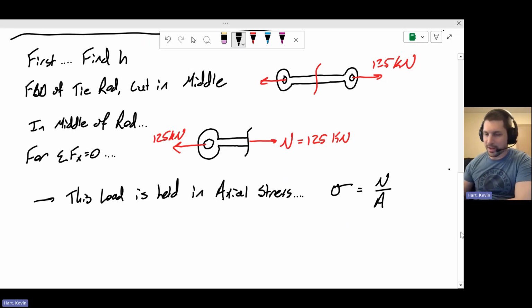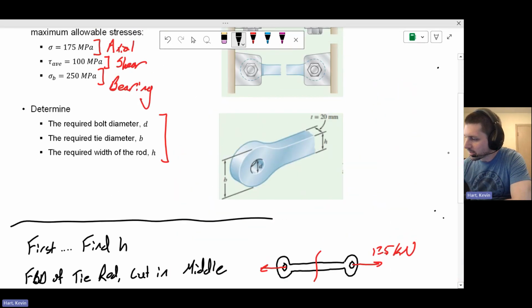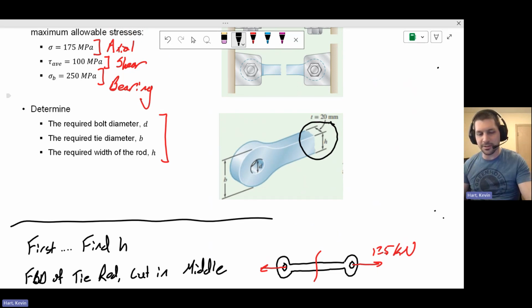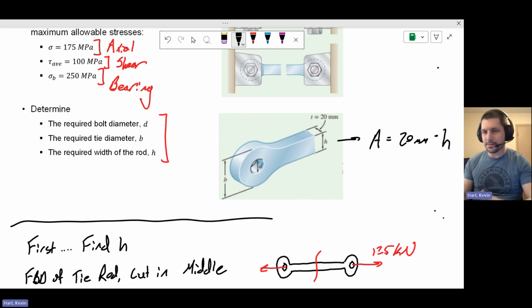Now, in the center of the rod, we were given some dimensions and needed to solve for others. So particularly if this is the cross-section of our rod here, looking at this dimension, we would say that the cross-sectional area of this rod looks something like 20 millimeters times the height h. So this is the cross-sectional area that we use to calculate our stress.